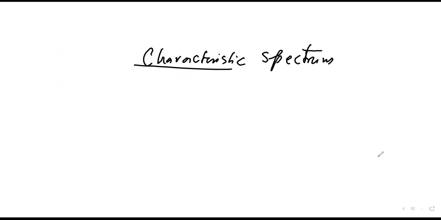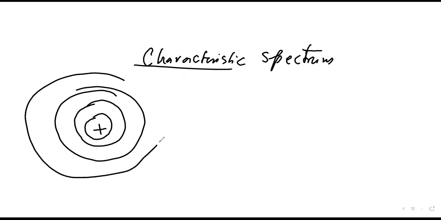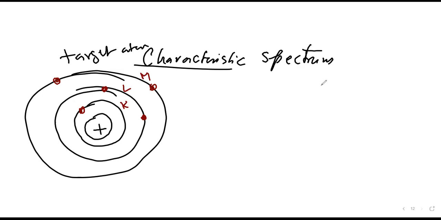Obviously, let's say this is the target atom, and there is one electron here, one here, one here. There are so many electrons, with orbits named K shell, L shell, M shell, and so on.